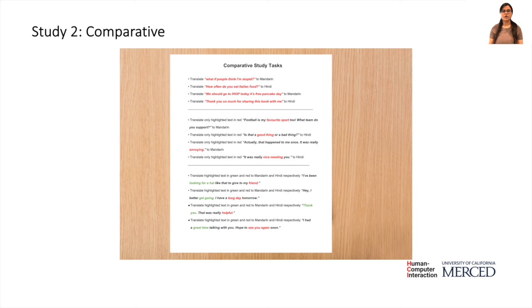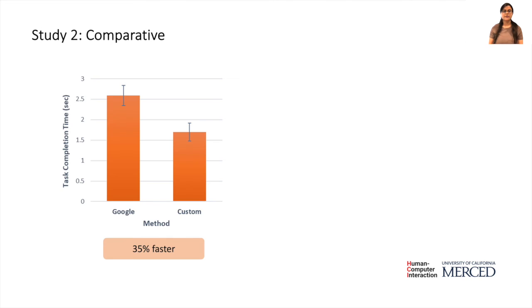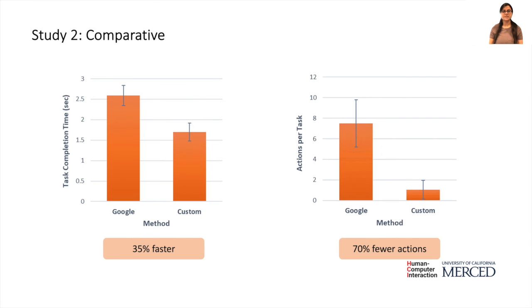Upon completion of all tasks, participants completed a questionnaire that asked them to rate the performance of the examined methods. Results revealed that the proposed method was 35% faster and required 70% fewer actions to perform translation tasks compared to the default method.